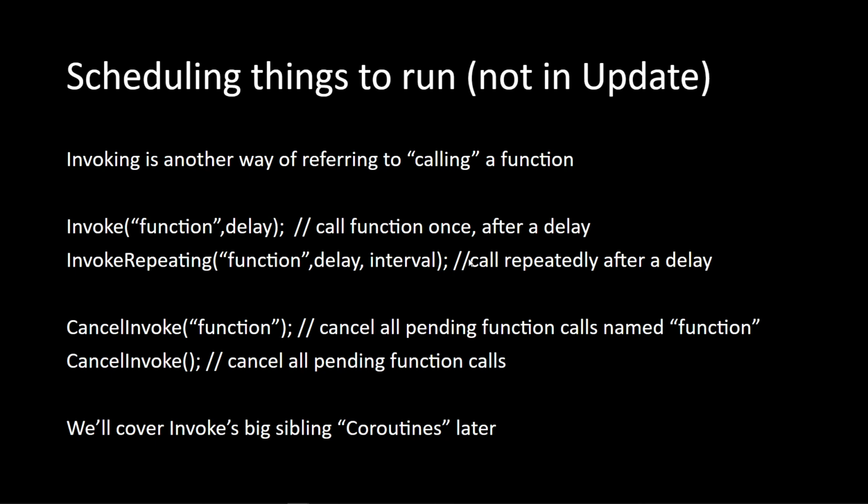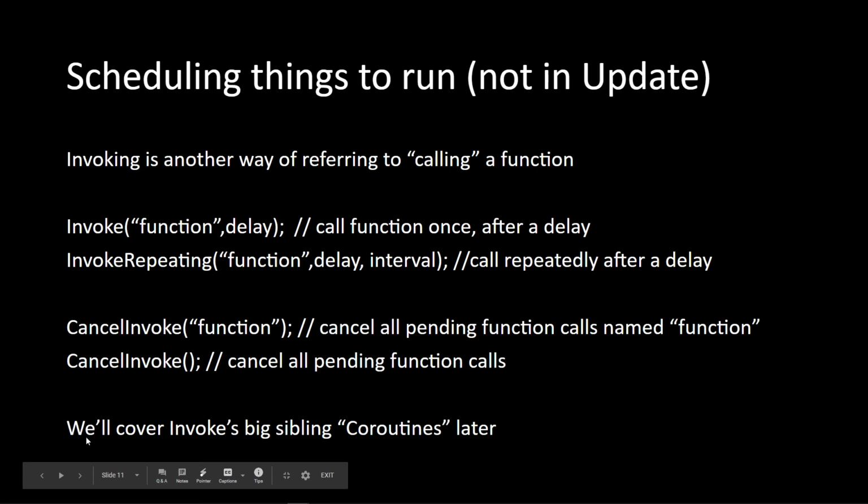So if you wanted to call a function every second or every 5 seconds, you could say InvokeRepeating and then tell it after what delay and at what interval to call it. CancelInvoke allows you to stop pending invocations of either a function or all pending.